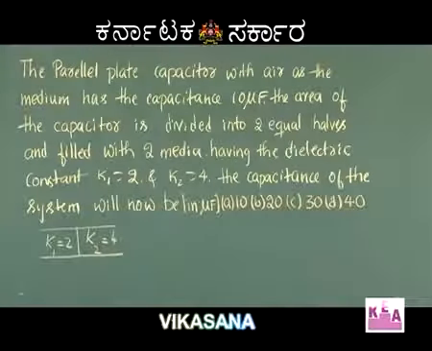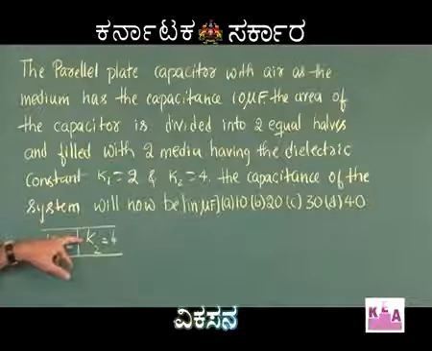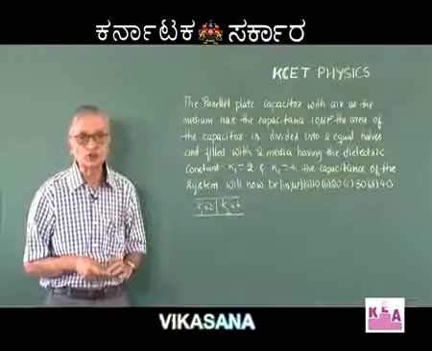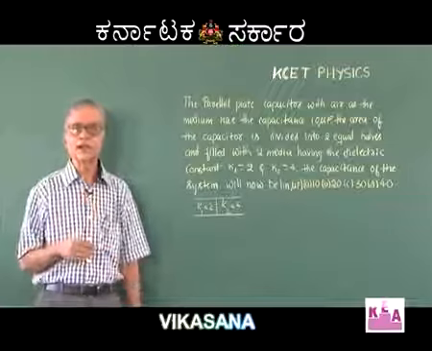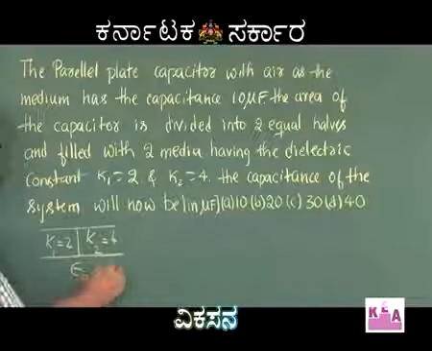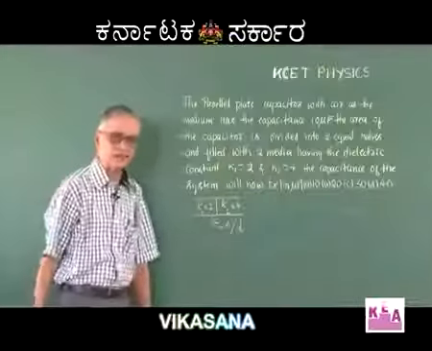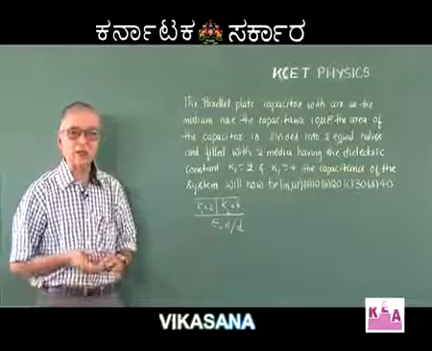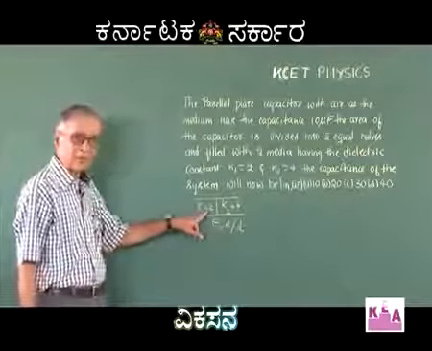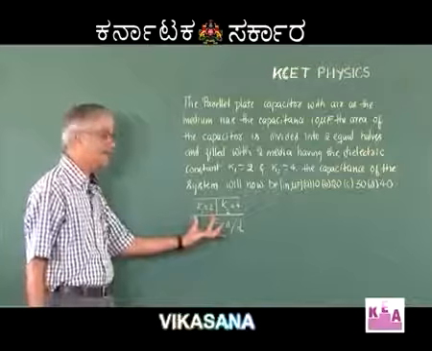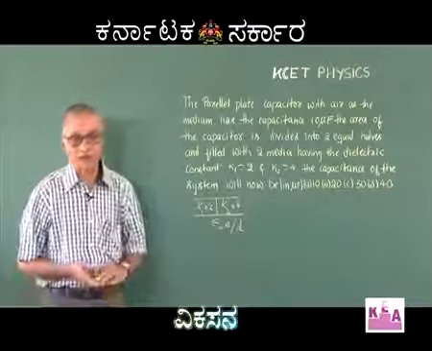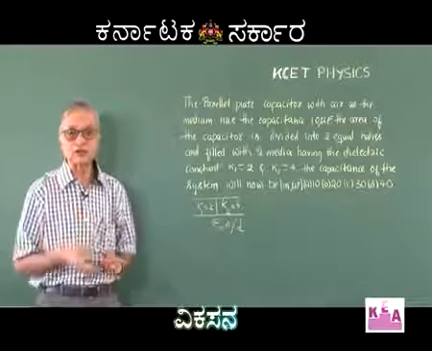Please note that if you divide it into two equal halves, the area of each capacitor becomes half of the original area. You know that capacity is given by the formula epsilon 0 A divided by D. Therefore, when the area is halved, capacity is halved. Therefore, before the dielectric is placed, capacity of this part of the condenser is 5 microfarad. 10 divided by 2 is equal to 5.